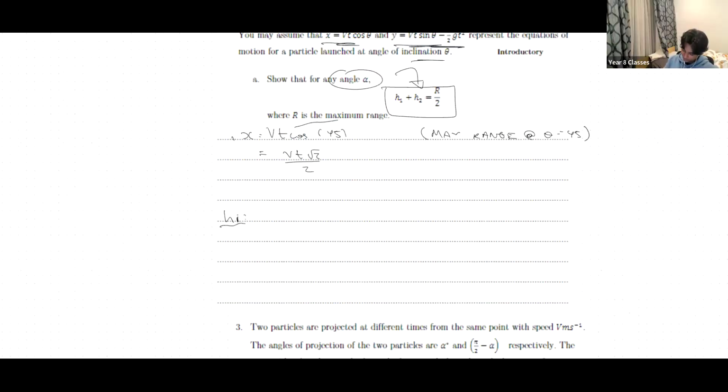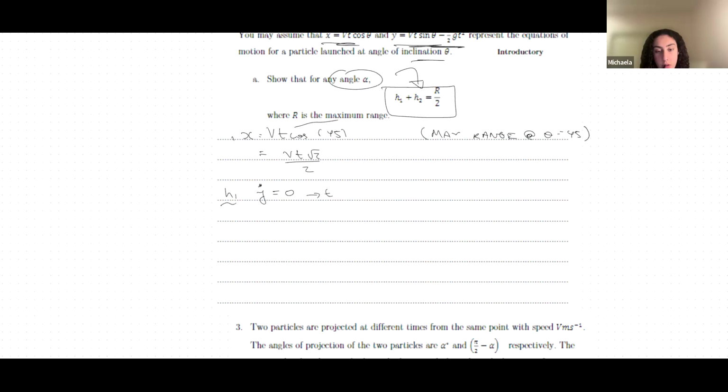What is your approach? To do the question overall? For H1, for max height, you just say y dot equals 0, solve for time, and then solve for y. And then do the same for H2. And then see what I get. Yes, exactly.